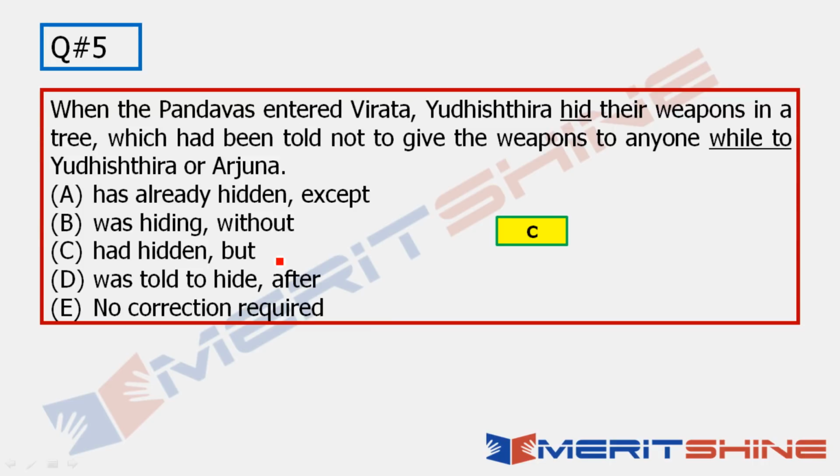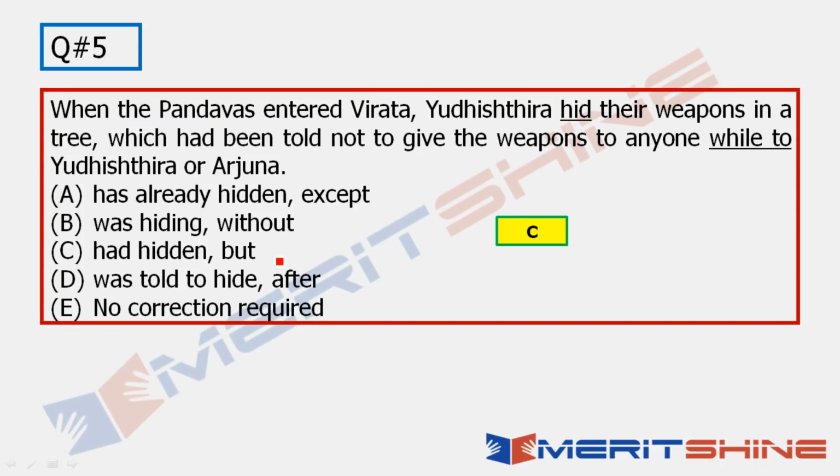You all know about this story, right? The Pandavas, when they went to Virata for their 1 year of Agyatvas, had to hide their identities for 1 year. 13 years they had to be in Vanvas and 1 year in Agyatvas. So when they were in Virata, they took different roles.